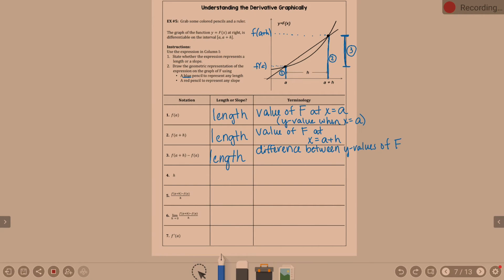Difference between y values of f between x equals a and x equals a plus h. Think about the next one when you're writing. I know a lot of you are still writing.